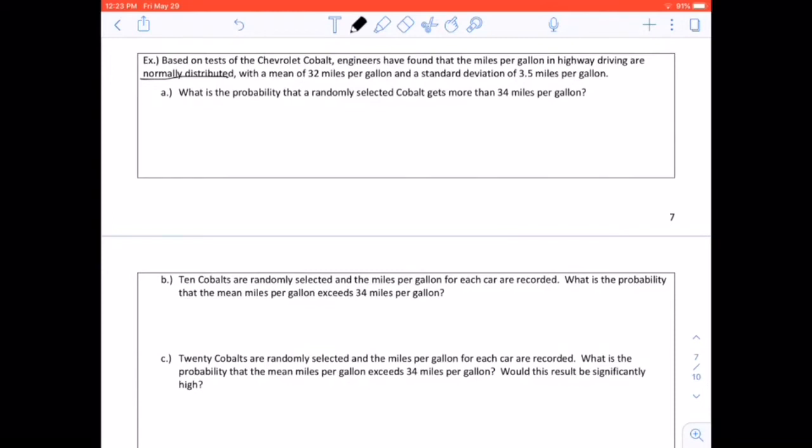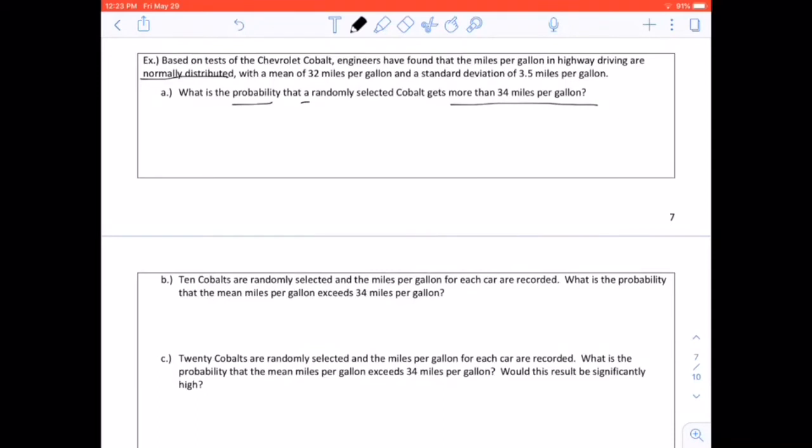What is the probability that a randomly selected Cobalt gets more than 34 miles to a gallon? This is nothing different than what we did previously.